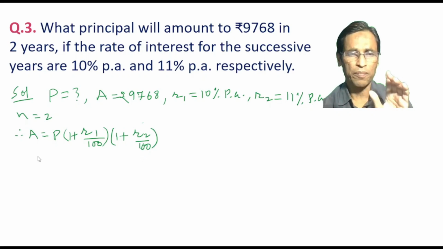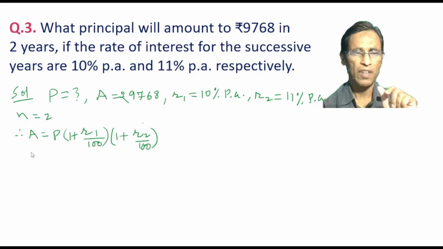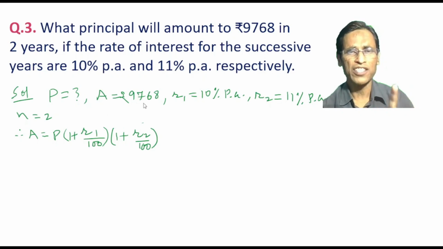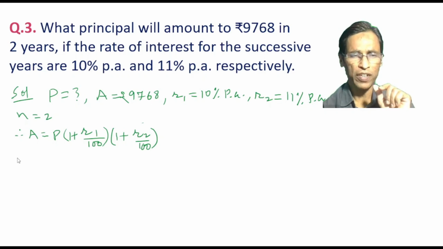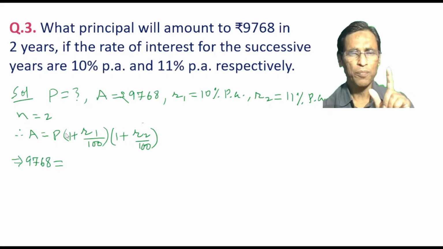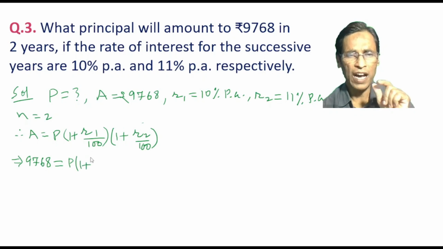In the next step, the terms having the information in the question will be replaced here. A is available 9768, so we write it here: 9768 equal to P is absent, so it will be as it is. P times 1 plus R1 is 10, so 10 by 100, and then 1 plus R2 is 11%, so it is 11 by 100.